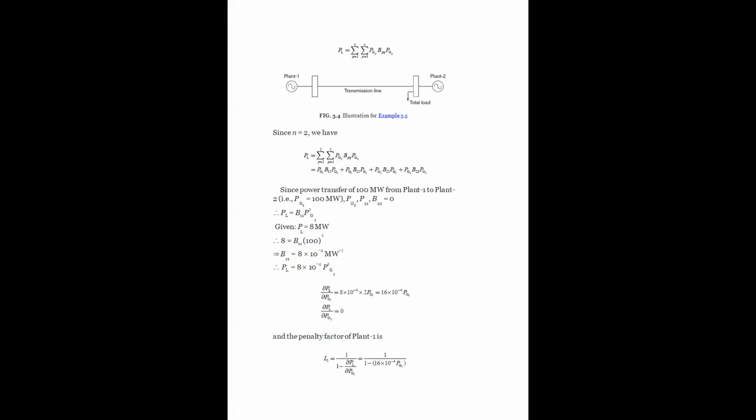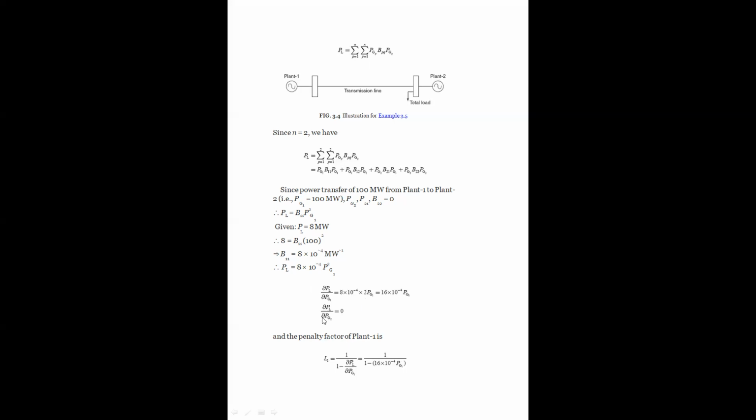Now the incremental power loss, dou PL by dou PG1. Power loss is B11 PG1 square, differentiating with respect to PG1, we get 8 into 10 to the power of minus 4 into 2 PG1.